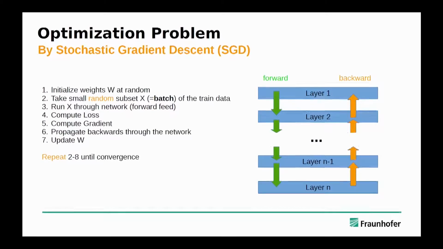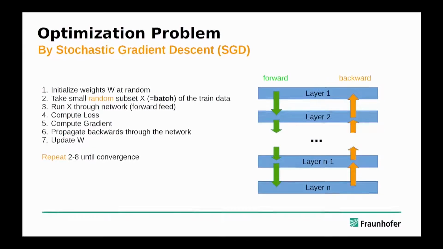To do that, people usually use gradient descent methods, which are very simple. At least in Germany, you learn this in 10th grade, Newton's method. And that's what it is, gradient descent.